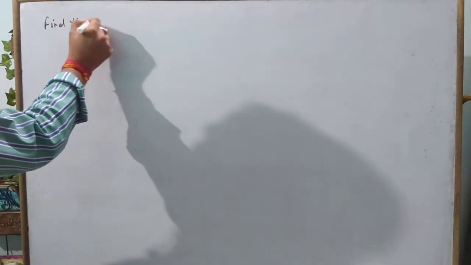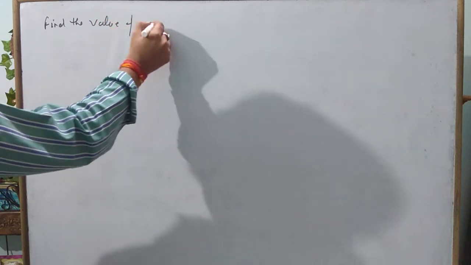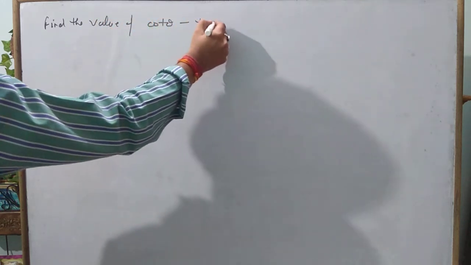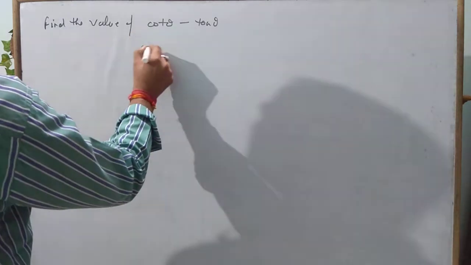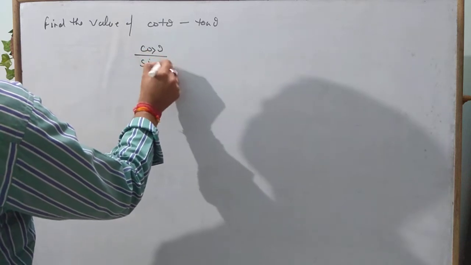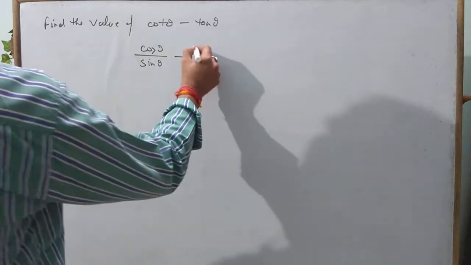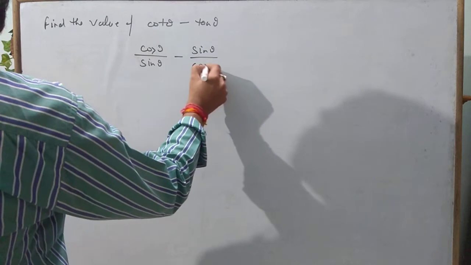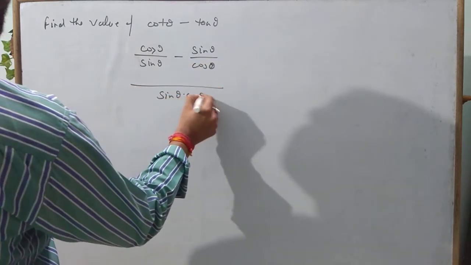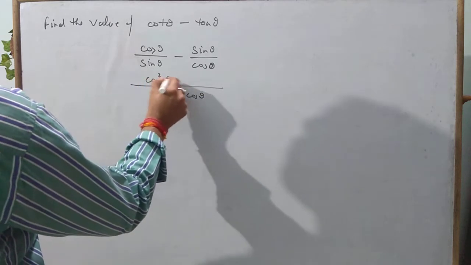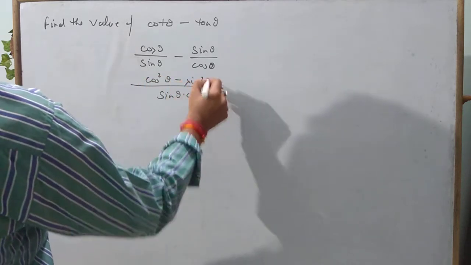The question is: find the value of cot theta minus tan theta. Cot can be written as cos theta upon sin theta, and tan can be written as sin theta upon cos theta. When we take the LCM, it's sin theta cos theta, and the numerator becomes cos square theta minus sin square theta.